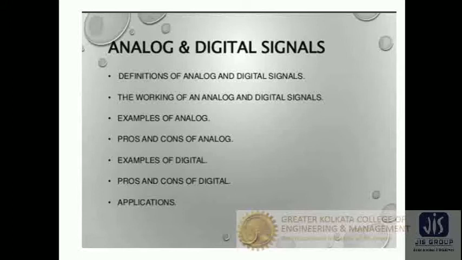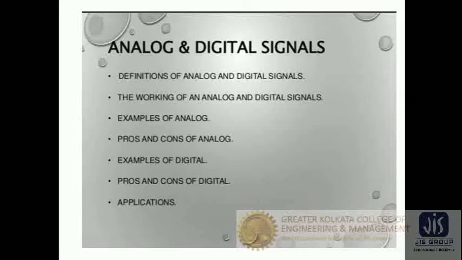First, we describe the definitions of analog and digital signals, then the working of analog and digital signals, examples of analog signals, pros and cons, that means the advantages and disadvantages of analog signals, examples of digital signals, the advantages and disadvantages of digital signals, and last but not least, we will discuss some of the applications of these analog and digital signals or systems.